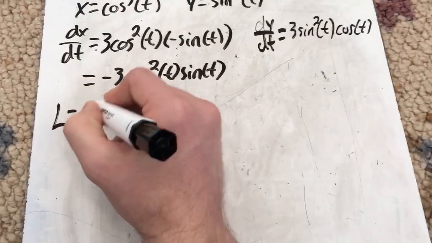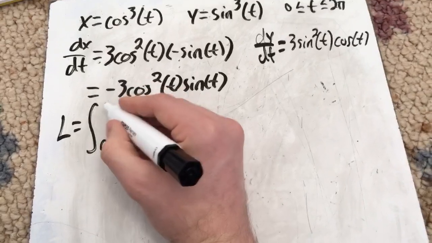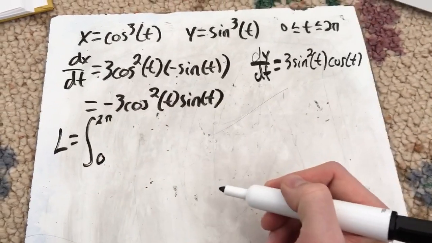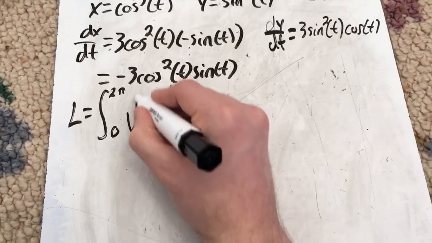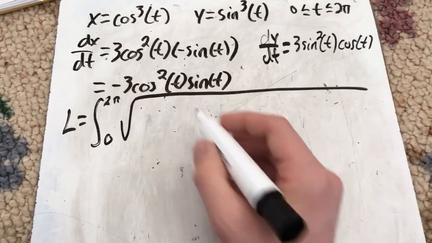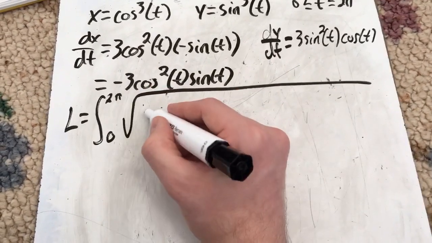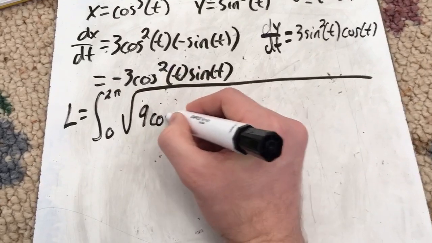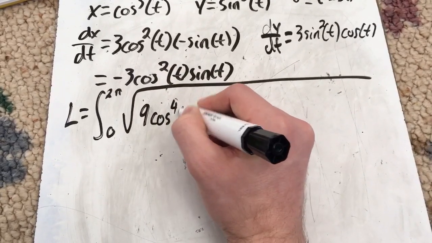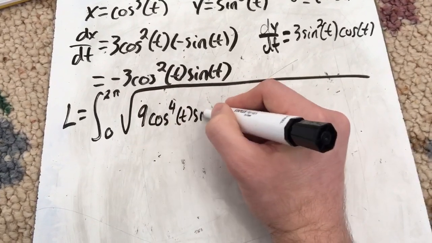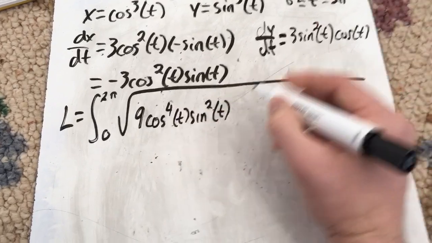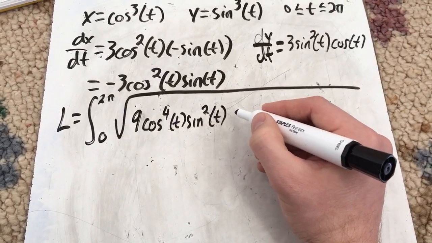So our arc length is going to be equal to the integral from 0 to 2 pi of the square root of, this is going to be a little bigger this time, (dx/dt) squared. So that's going to be 9 cosine to the 4th of t sine squared of t, right?